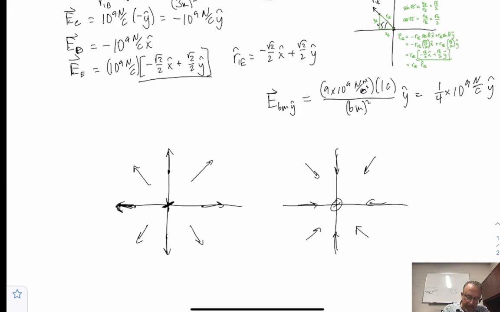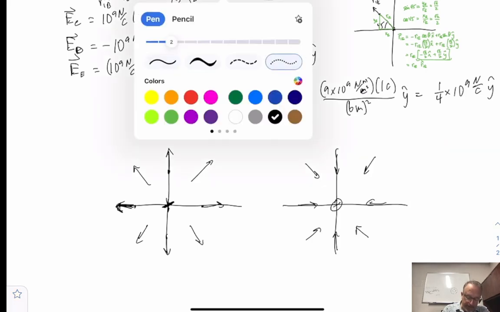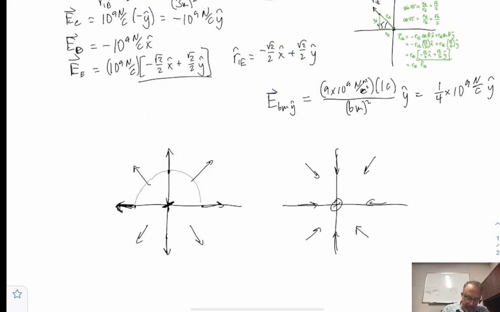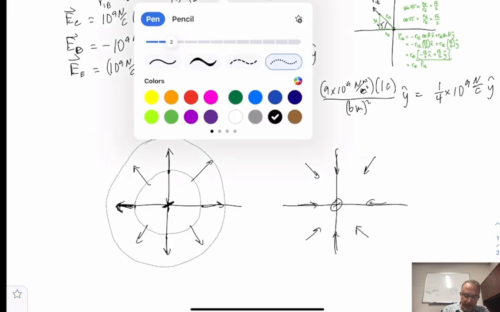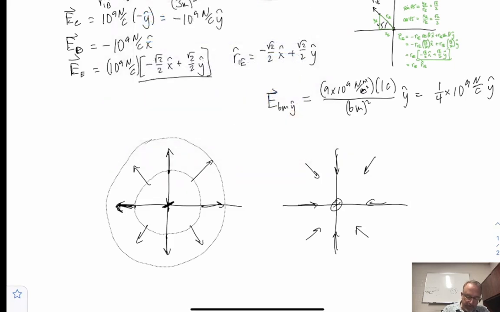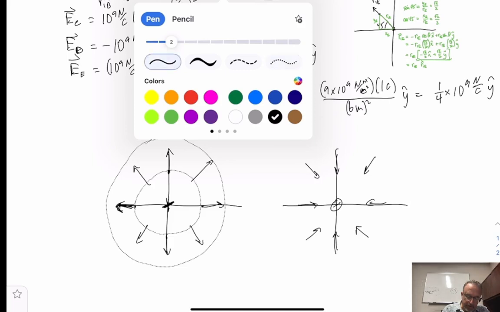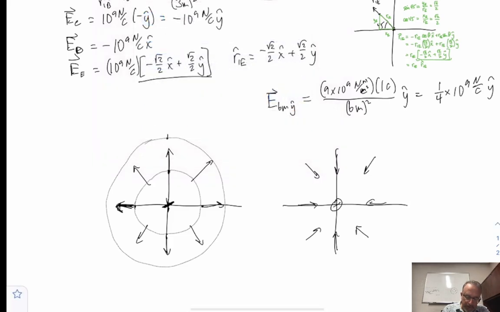So if I have, let's do a dash line here, I have a 3 meter circle there, and I expand that to a 6 meter circle. All the directions are still exactly the same, but along this 6 meter circle, I have exactly 1/4 the strength of the electric field.